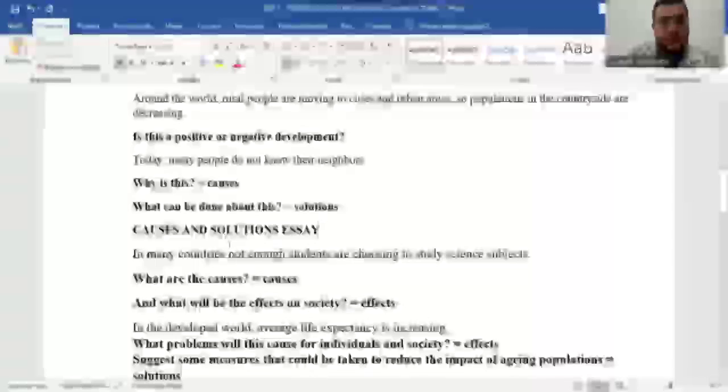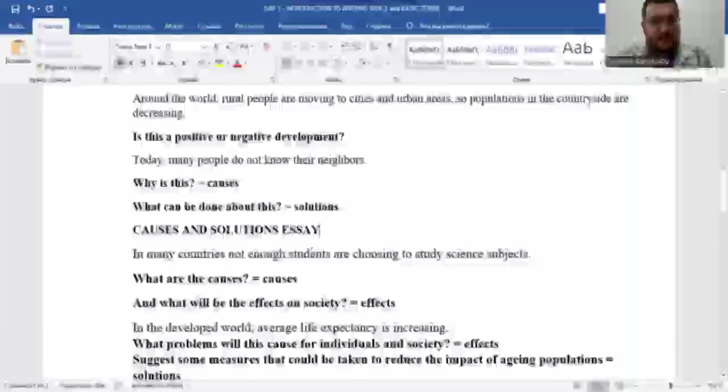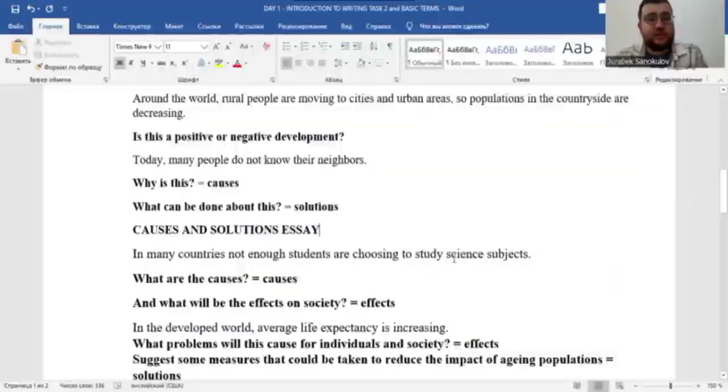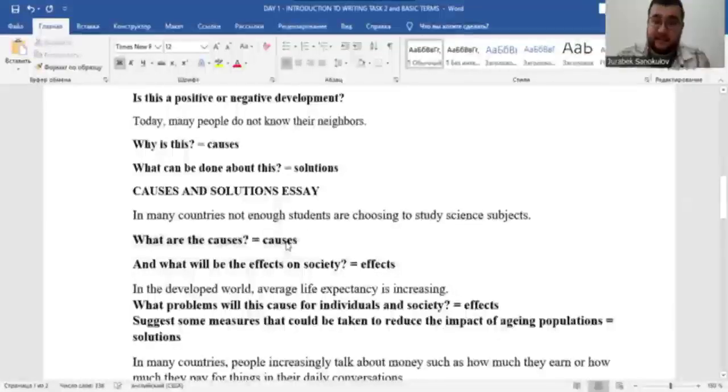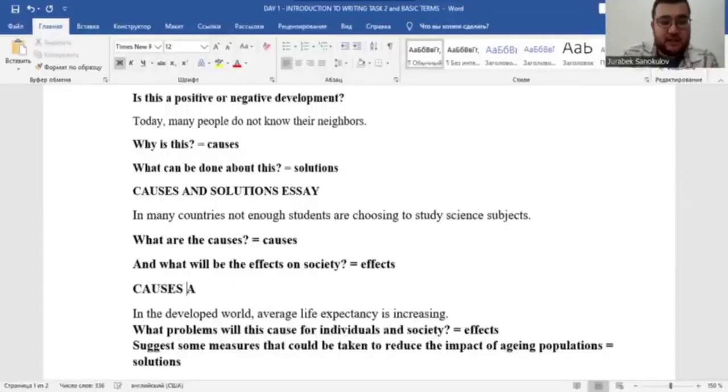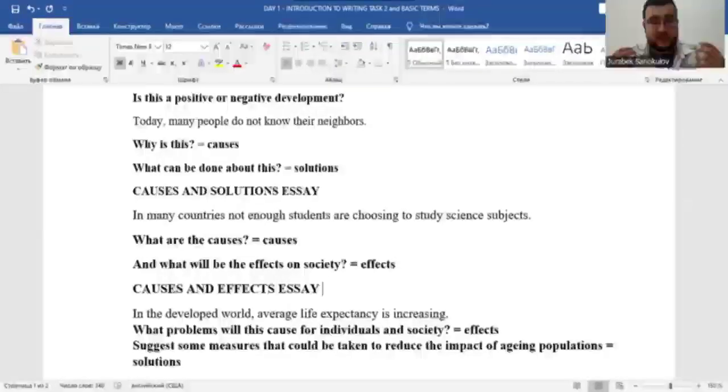Next one, look at this one. In many countries, not enough students are choosing to study science subjects. What are the causes? It's asking the causes, reasons, and what will be the effects on society. So this is the causes and effects essay. It's not even asking the solutions.